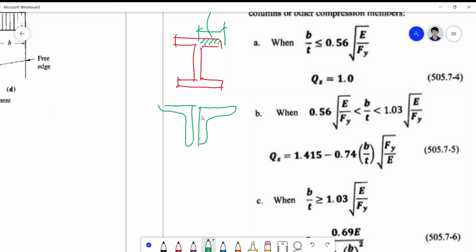So this is now my projected element. So these are my unstiffened elements.